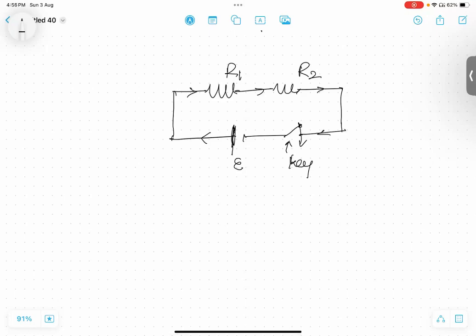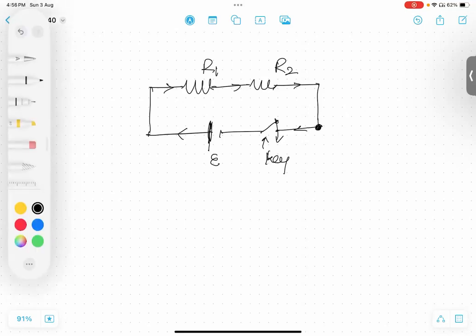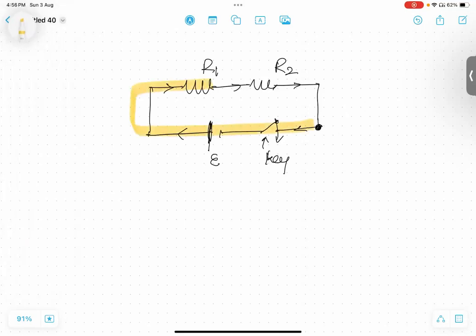Now understand. To apply Kirchhoff voltage law, take any point on the loop. Since here is one complete loop, this is one loop.